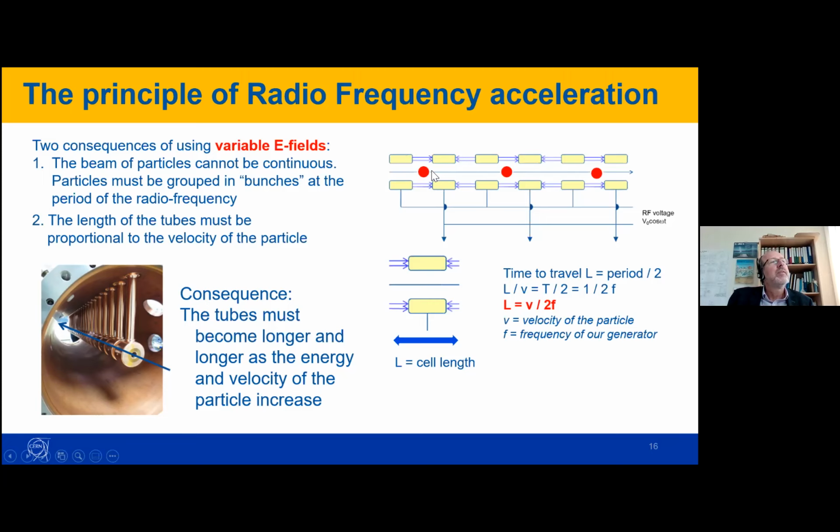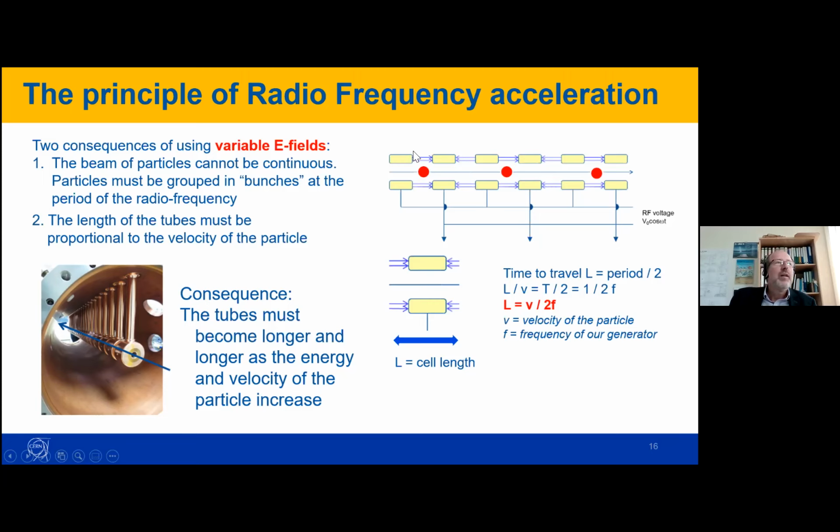But in this moment, the next gap between tubes has a decelerating field. But during the time they go from one gap to the other, the sign of the field will change, and they will be accelerated. Next tube, the next gap between tubes, will again accelerate them, and again and again.